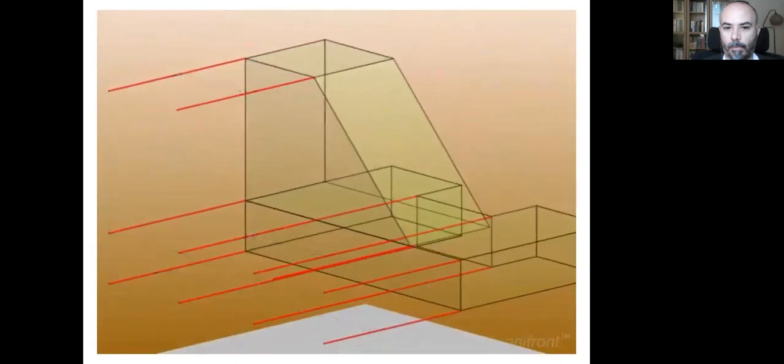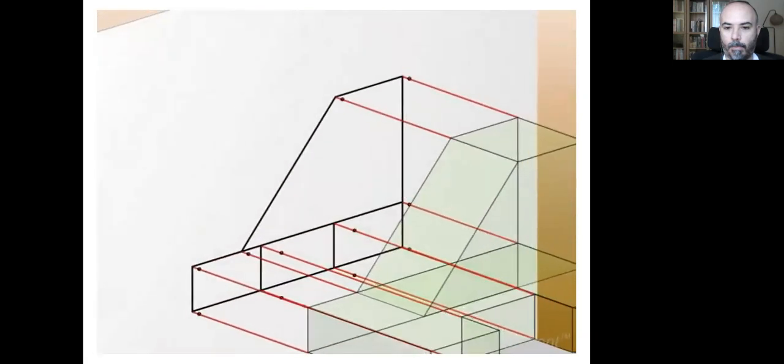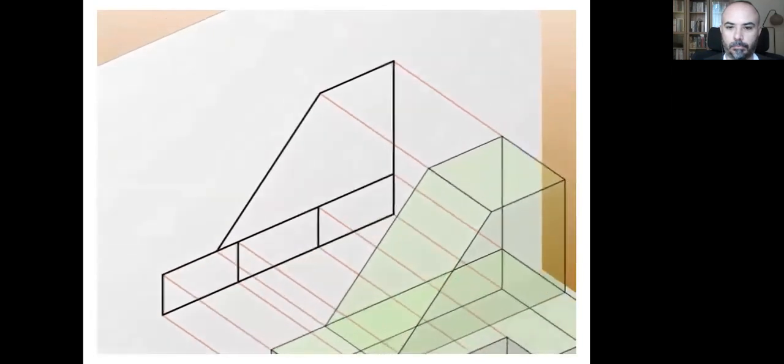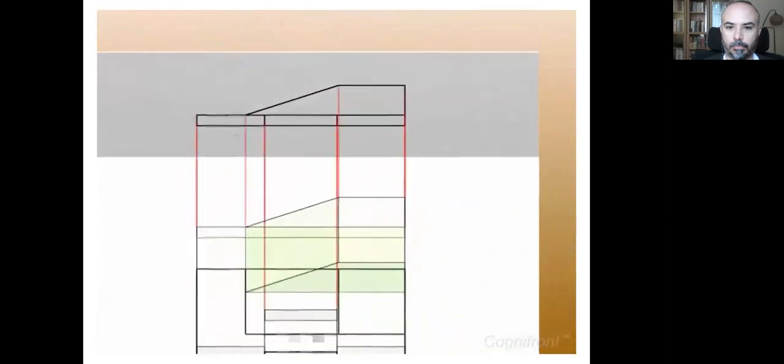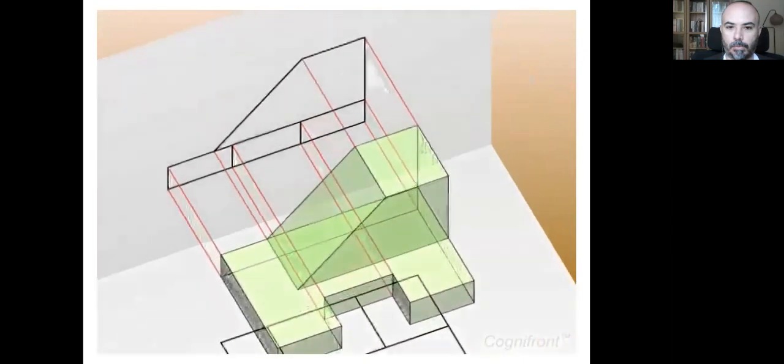These lines emerge from the corner points of the object and strike the projection plane. The image formed on the projection plane is known as the projection. The lines of sight are also known as the projectors.